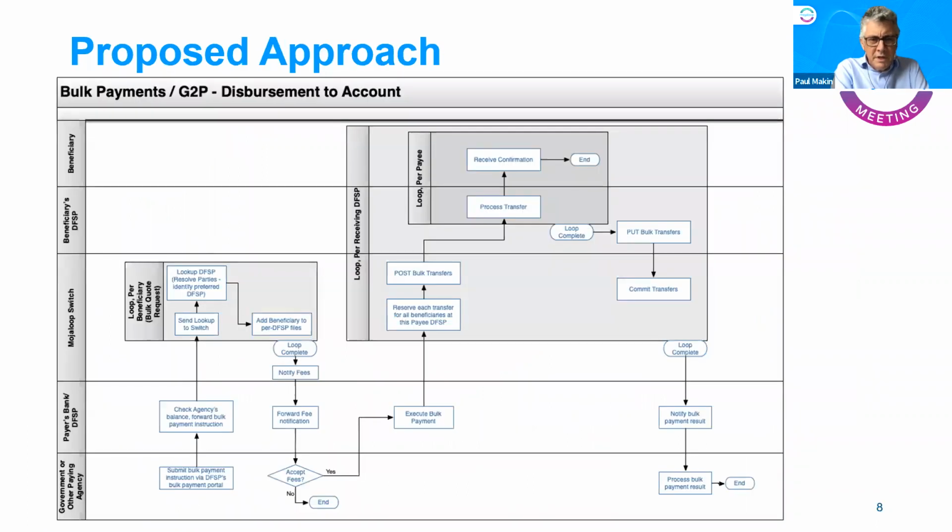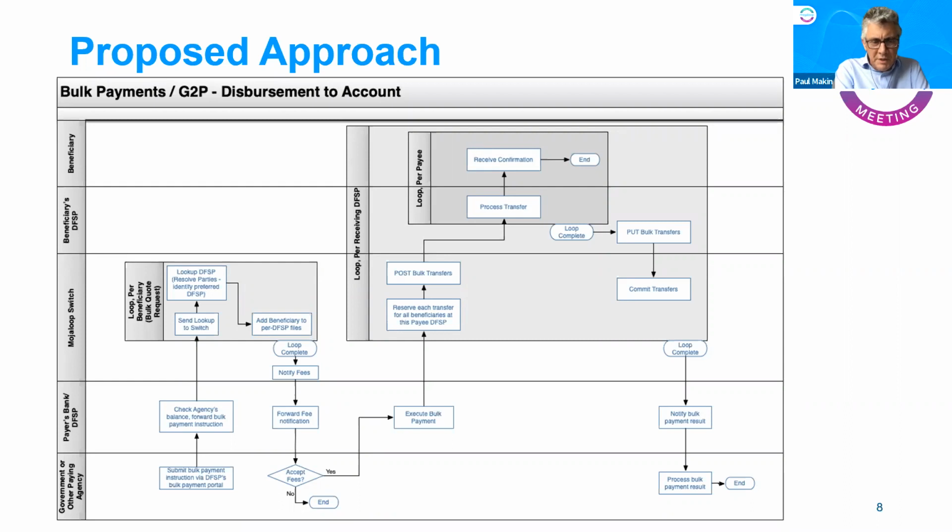So we're essentially taking the original process flow and moving that left-hand box entirely into the Mojaloop switch itself. So the payer's bank simply submits the entire bulk payment instruction to the Mojaloop switch, and that looping then to reorder the payments list happens within the switch itself. We're not taking away the ability of the payer's bank or the government or whoever it may be to agree to the terms of the transaction.